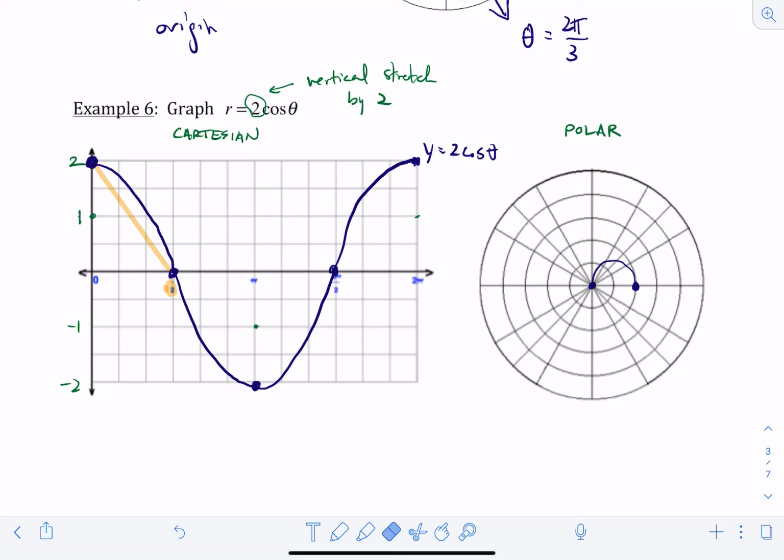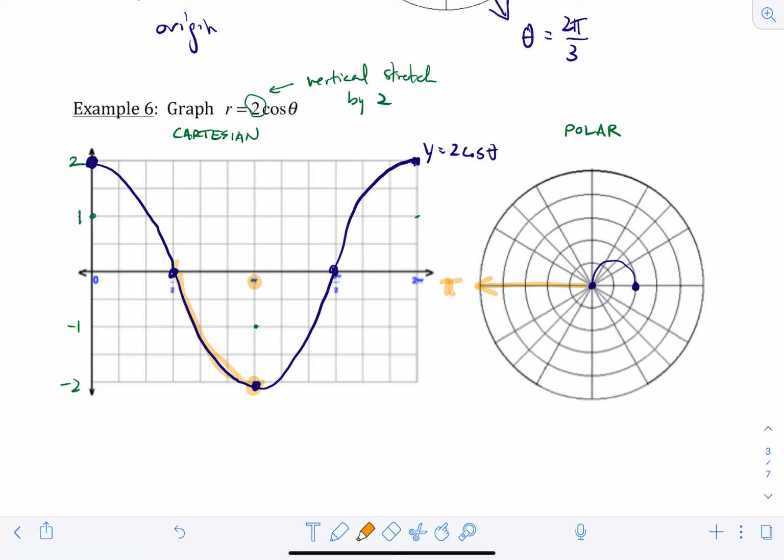What happens next is this next point right here, this next point is pi. So when you're facing pi, you're facing this direction. That's pi. But what's happening to my radius? My radius is going to be negative.